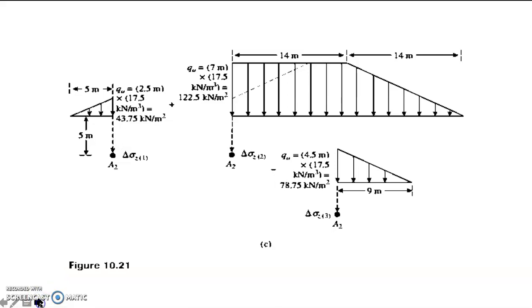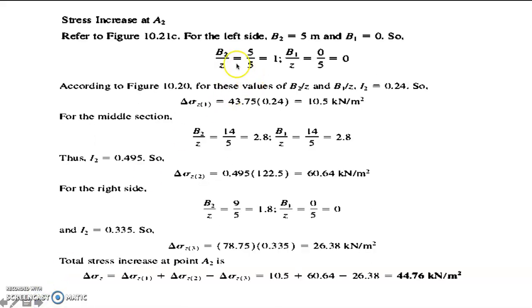Let's now get B2 over Z, that is 1, and B1 over Z is 0. Based on these values, our I sub 2 from figure 10.20 is 0.24.